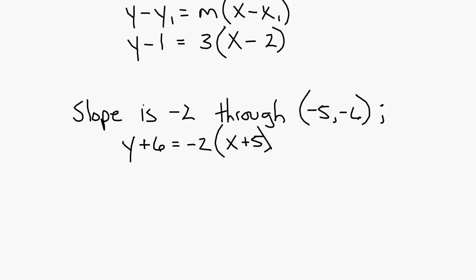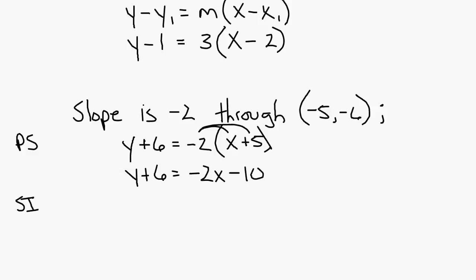Now, to get a line from point-slope form, if you want it in slope-intercept form, look what you have to do. The easiest way to write an equation of a line is in point-slope form. But sometimes you'll be asked to write the equation in slope-intercept form, and all you'll be given is 2 points. So you write the equation in point-slope form first. You then distribute the slope. So you would have y plus 6 equals -2x minus 10.